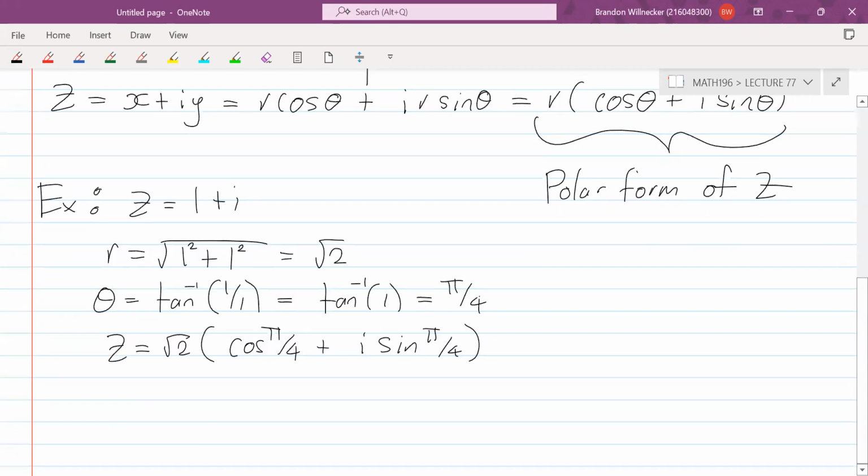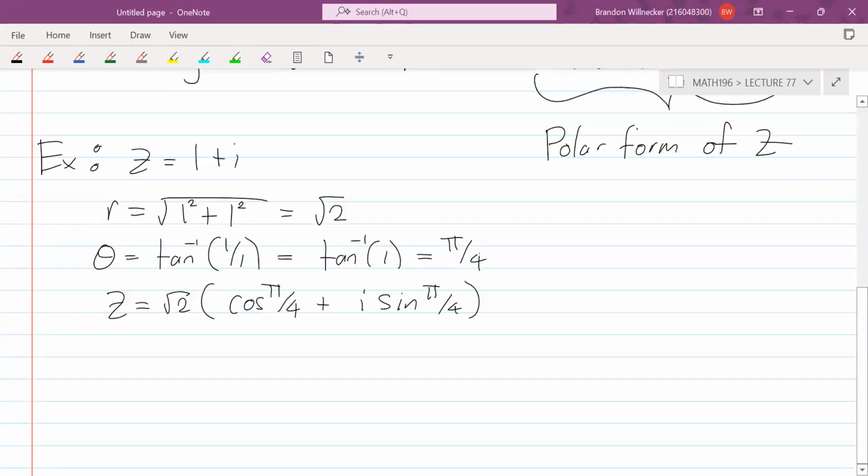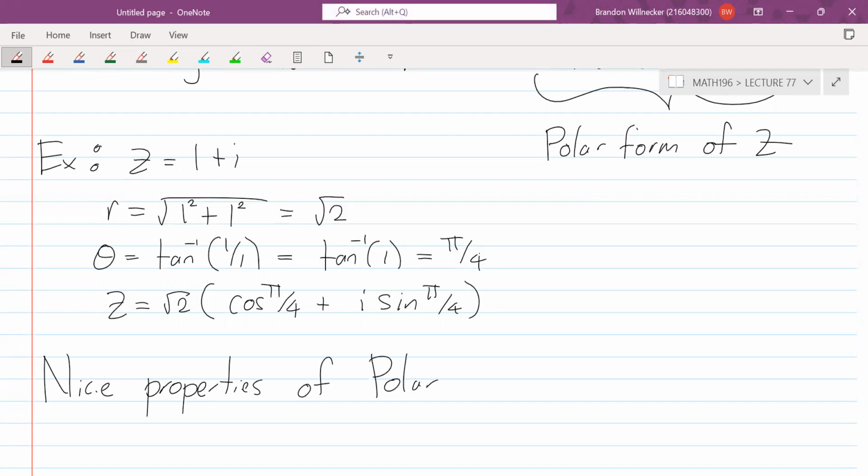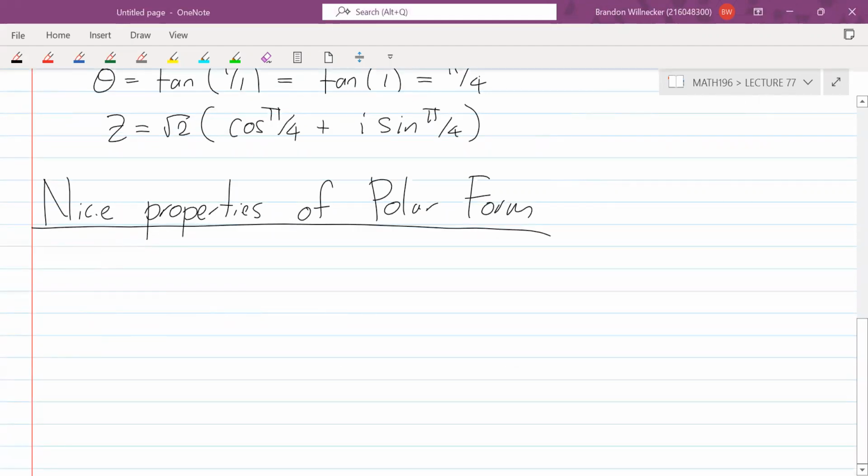Okay, so there's a couple nice properties that this polar form has, and that's with regards to multiplication of complex numbers and division of complex numbers. Okay, so nice properties of polar form. The first one is with regards to multiplication.